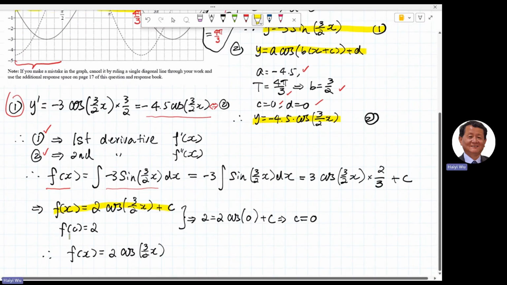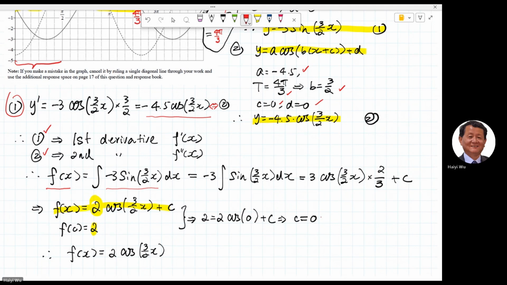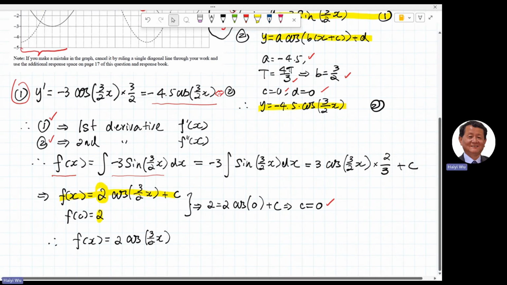Given that the amplitude is 2, I find that c is 0. So the original function is f(x) = 2 cosine 3 over 2 x.